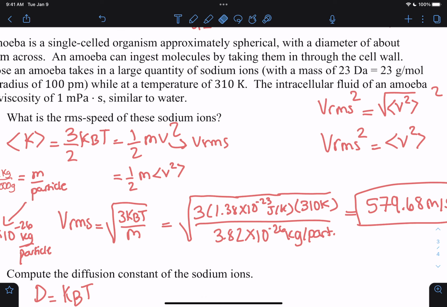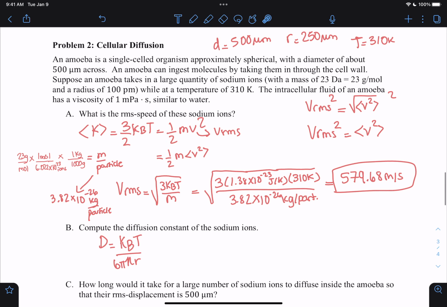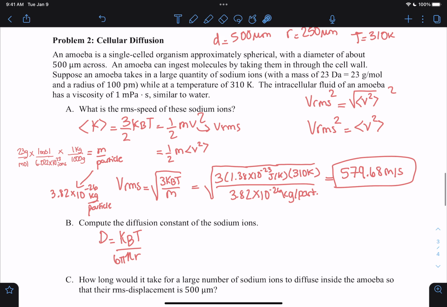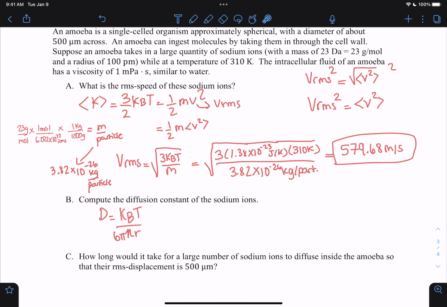Otherwise, for moles, we have to convert it to particles, because if we're talking about average kinetic energy for molecules or particles, then we have to include the mass per particle. So kilograms per particle is what we're trying to get at. So hopefully that makes sense for part A.